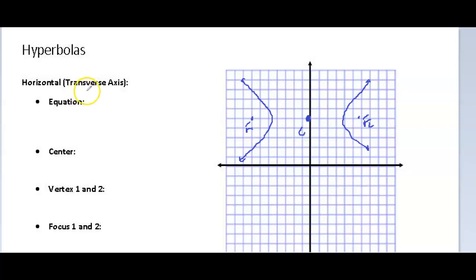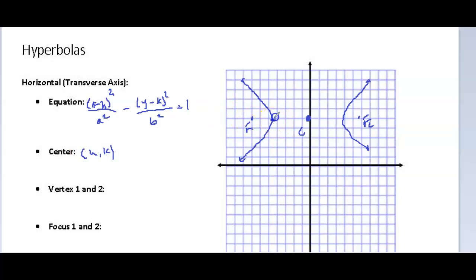The equation of a horizontal hyperbola is this: (x minus h) squared over a squared minus (y minus k) squared over b squared equals 1. Its center is (h, k).